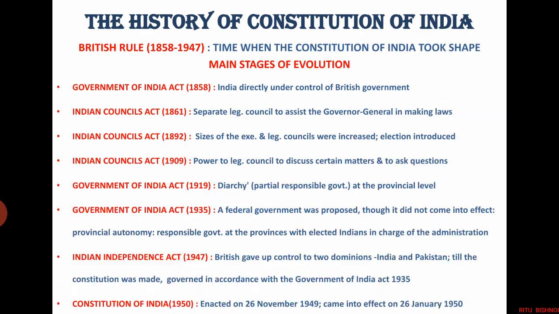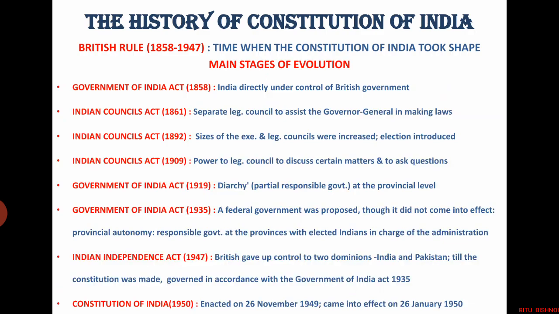The Government of India Act of 1858 put India directly under the control of the British government. The Indian Councils Act of 1861 introduced a legislative body to assist the Governor General in making laws. After that, the Indian Councils Act of 1892 introduced elections.